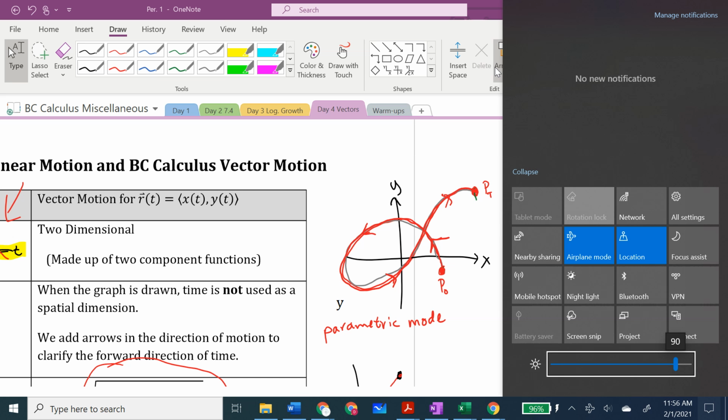So it's very important to remember that typically T minimum starts off being 0, and that will often draw only half of a graph. And you want to be aware of that.